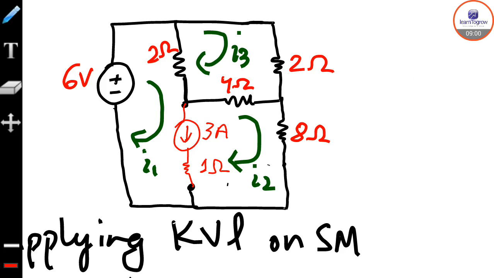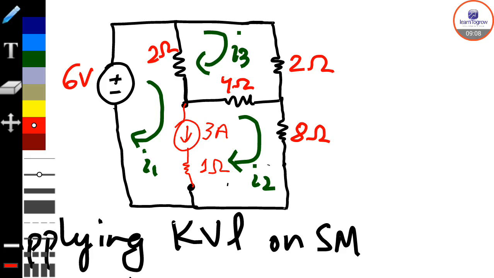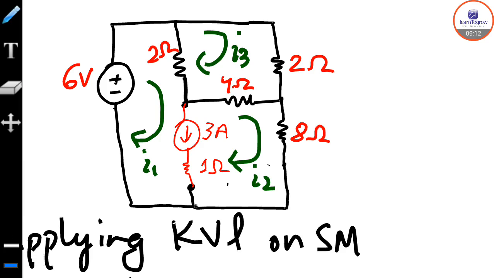I have my current source back. Now I will apply KCL on the node nearest to my current source. The nearest node to my current source is this one. You can see how many currents are exiting and how many are entering.